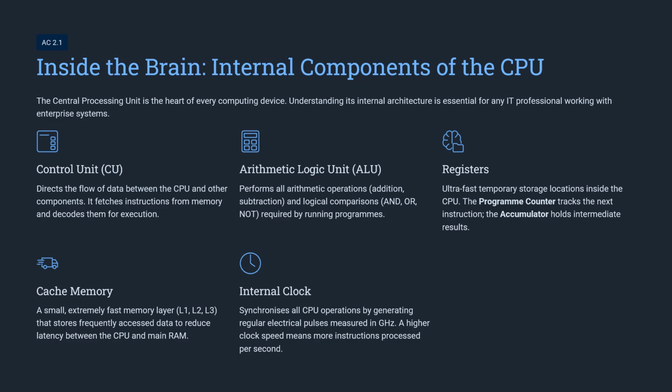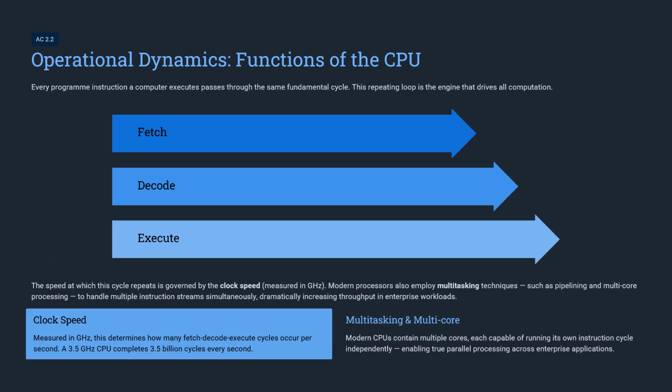The arithmetic logic unit performs calculations and logic, and registers provide ultra-fast temporary storage. Cache memory reduces latency between the CPU and RAM, and the internal clock synchronizes all operations in gigahertz.